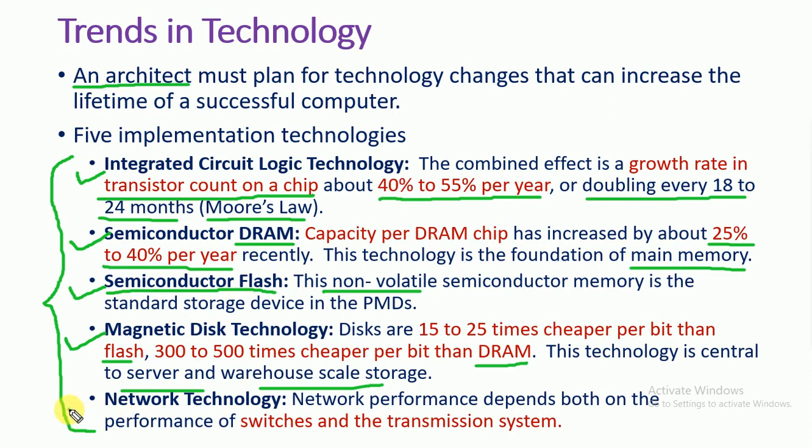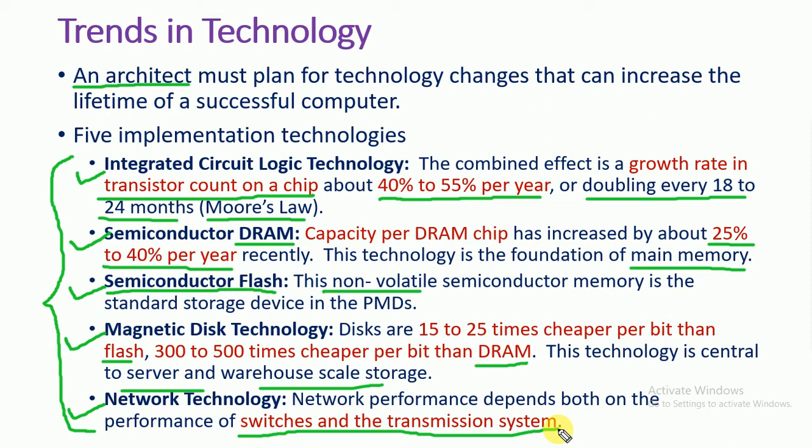Then another point to be discussed is network technology. Another trend in technology is related to the network technology. It is based on the devices used for network transmission, like the switches and the transmission media, where we use various chips.